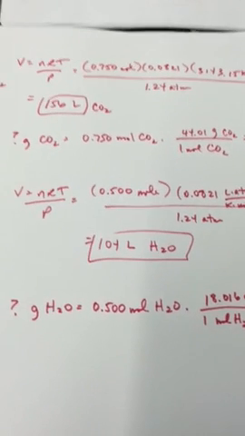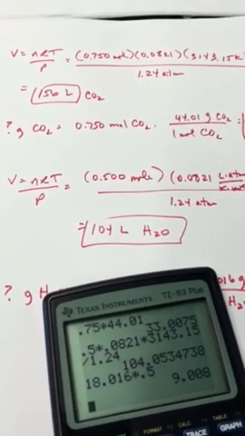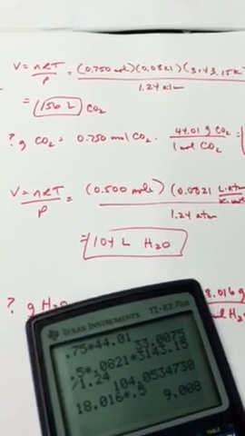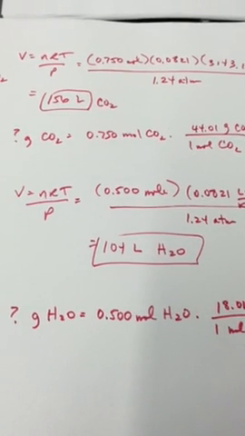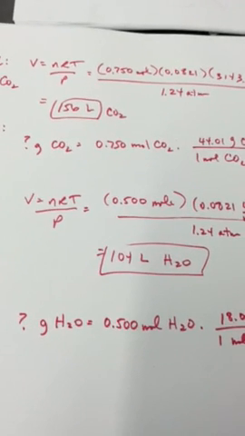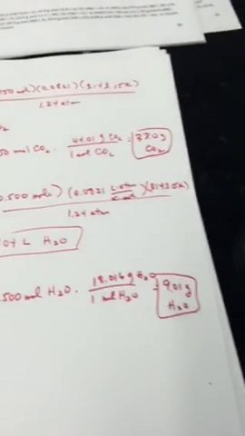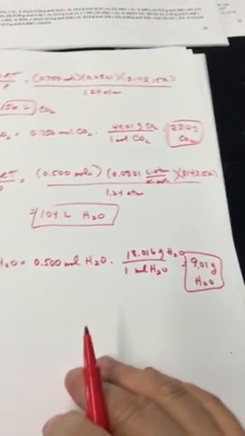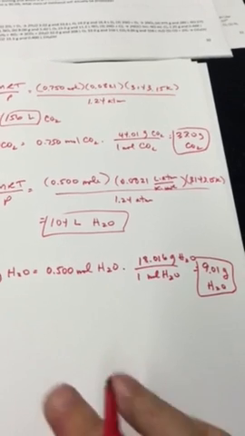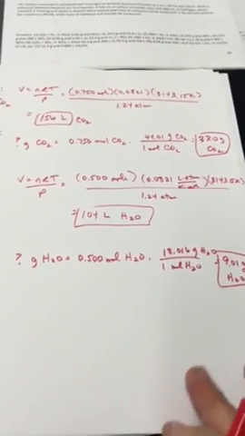So 9.008 in 3 sig figs is going to be 9.01 grams. And that is our answer, 9.01 grams of H2O. So the trick with these is just figuring out what the moles of all of these are and then plugging them into the equation.